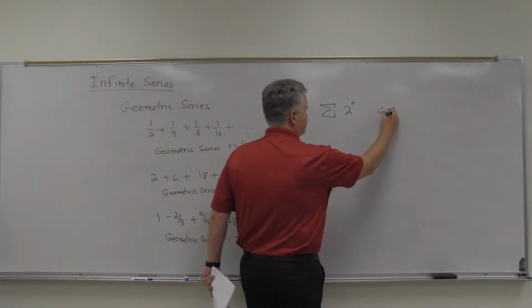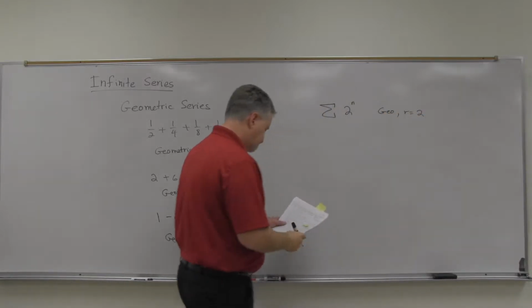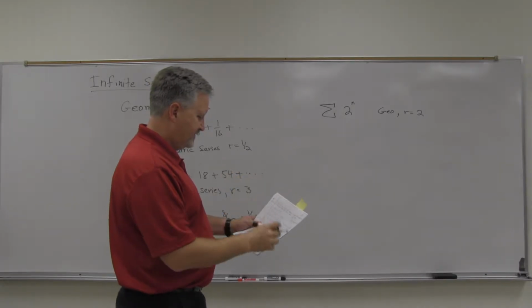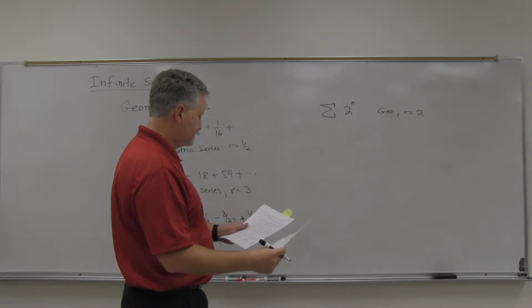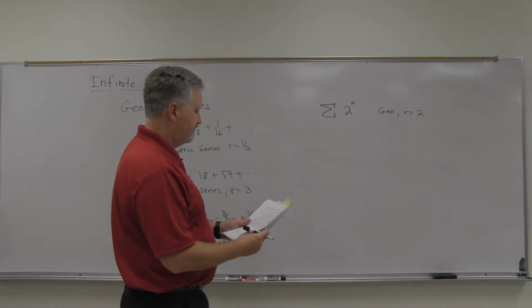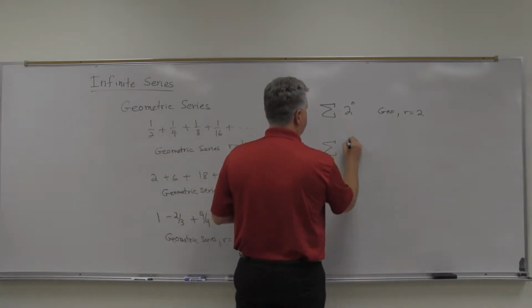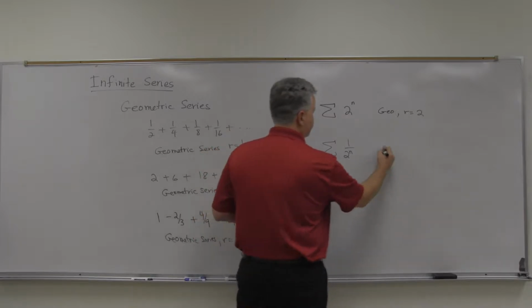So yeah, that's geometric. R is 2. Now you've got to be a little careful. What about this one? That one's geometric.